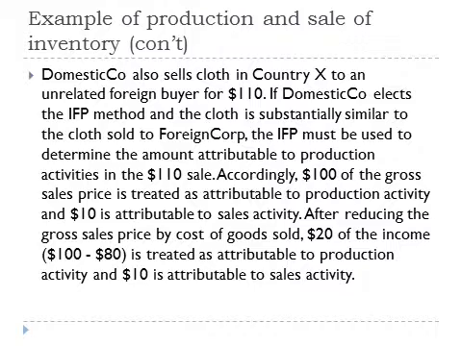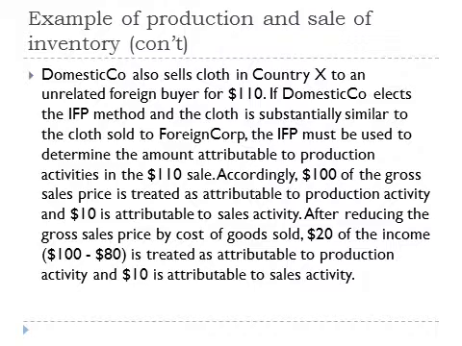Domestico also sells cloth in Country X to an unrelated foreign buyer for $110. If Domestico elects the IFP method and the cloth is substantially similar to the cloth sold to Foreign Corp, the IFP must be used to determine the amount attributable to production activities in the $110 sale.